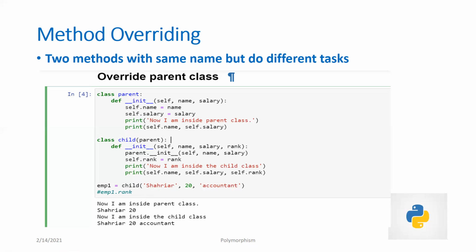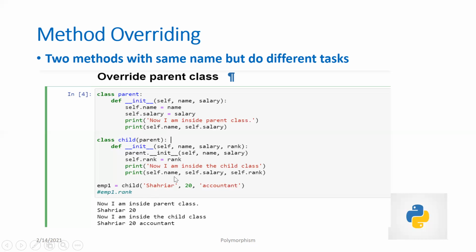When I called it, I called the parent class inside it. So the call moved to the parent class, and it shows us the parent class properties, that means name and salary first. Here, Shahriar and 20 appear because I called the parent class. That means it first showed us the attributes of the parent class. Then it came to the child class and showed the attributes of the child class.